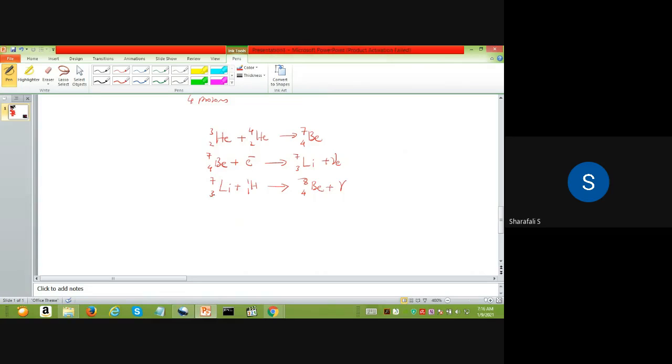The number of protons becomes 4, and the total number of nucleons becomes 8. The reaction is okay. Then we have this beryllium. So don't get confused with this reaction. These are simple steps. So this beryllium 4, 8 will become 2 helium 4. And this set of reactions is called the PP2 cycle.